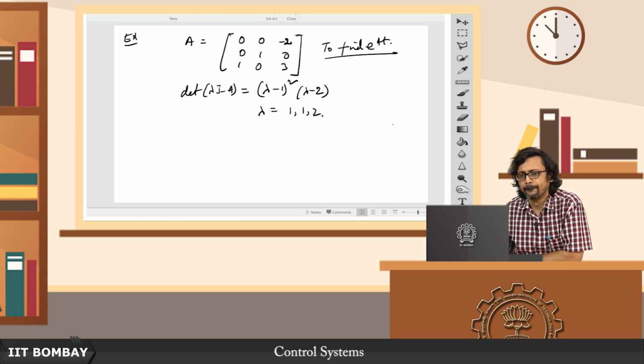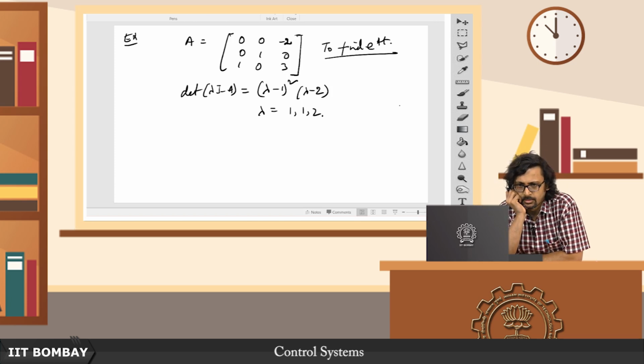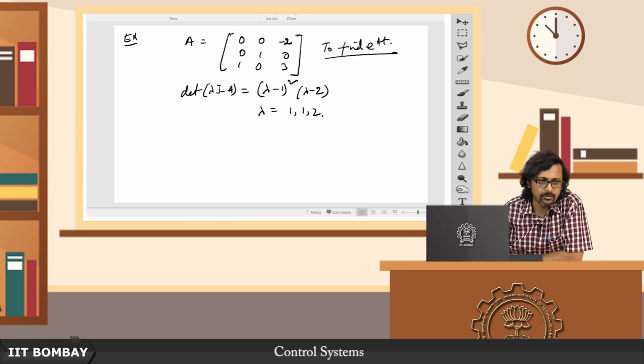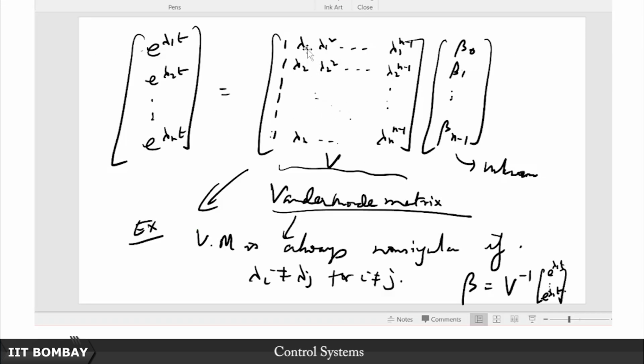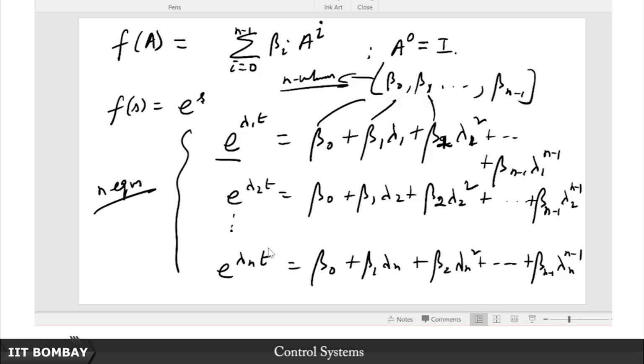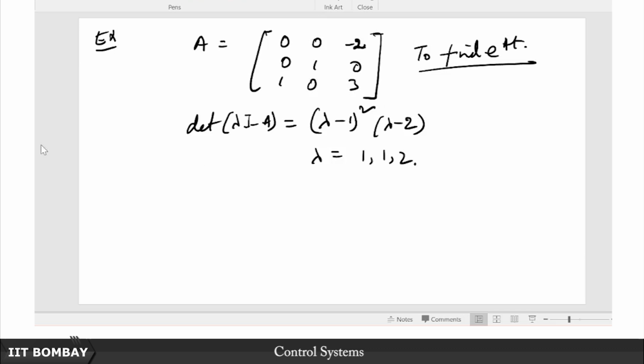So with this sort of problem, what do we do? Because if you had distinct eigenvalues, then this Vandermonde was guaranteed to be invertible. But remember, this Vandermonde came about only after we wrote all these equations. So at this stage, can we do something to fix this situation?